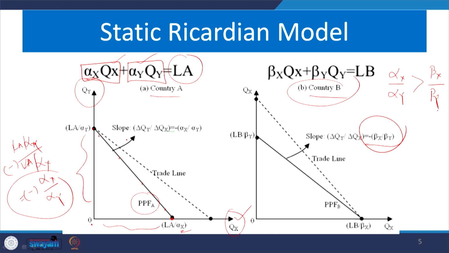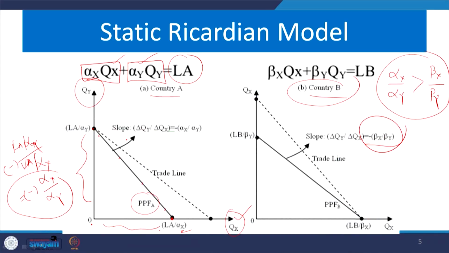So in this case the relative price of x in country A is higher than that of country B. Since the relative price of x in country A is higher, it can be inferred that comparatively country A has an advantage in production of commodity y, whereas the relative price of x is lower in country B. So country B relatively specializes in the production of x.